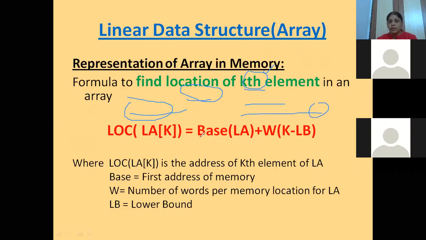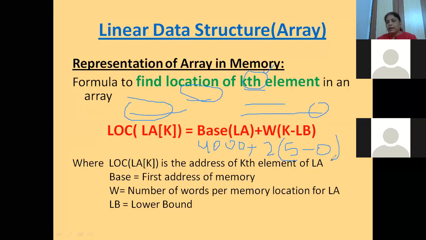4010 कैसे आया? 4010, बेस एड्रेस कितना दिया है? 4000. 4000 base address it is given. Word size कितना दिया है? Word size is given 2 because it is integer. kth element means which position address you want to find out, kth, fifth position, and lower bound is given 0.